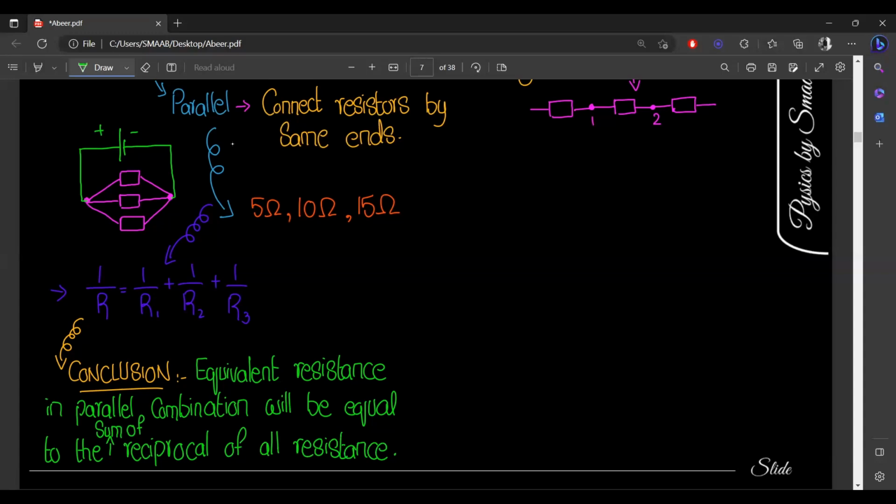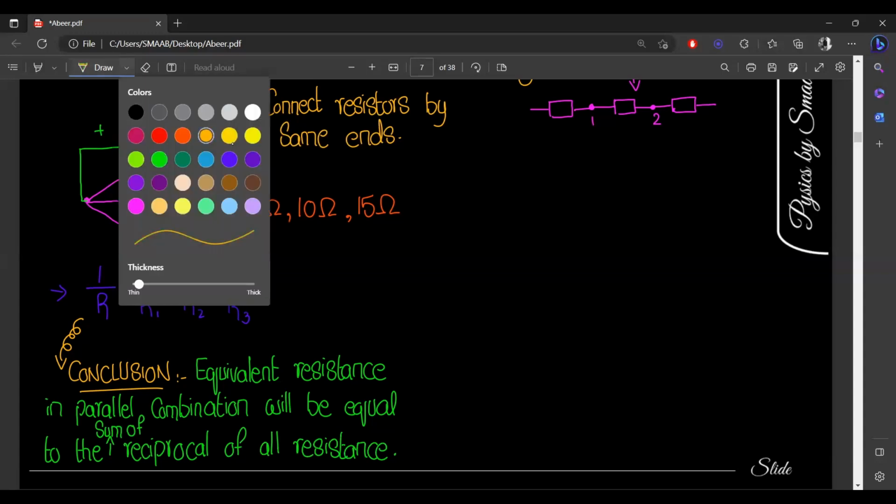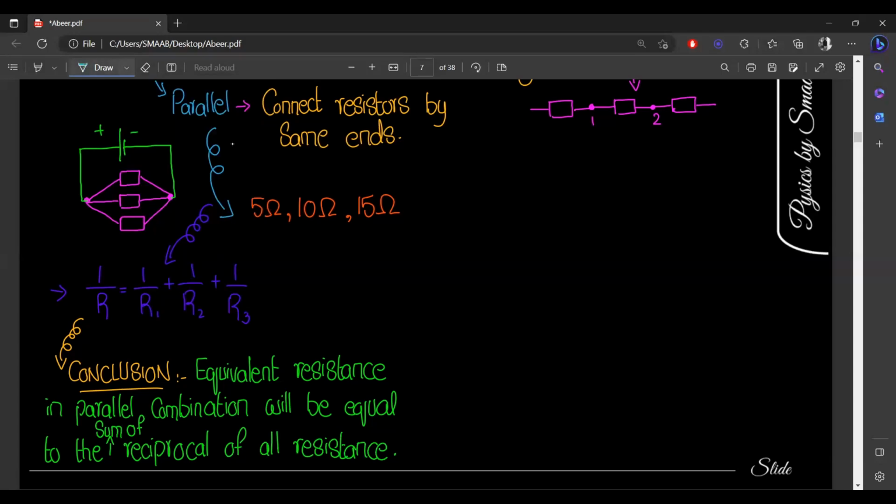And one more thing which is important over here is that if you find out the equivalent resistance, that equivalent resistance will be less than the individual resistance, right?